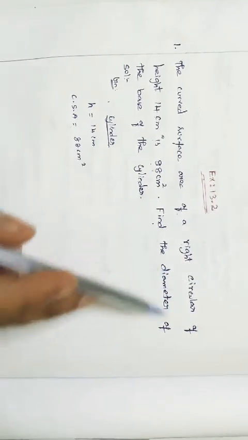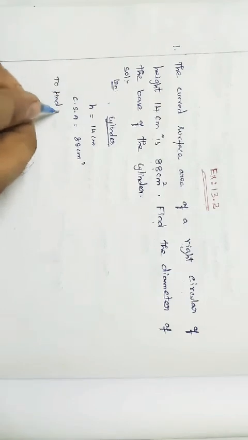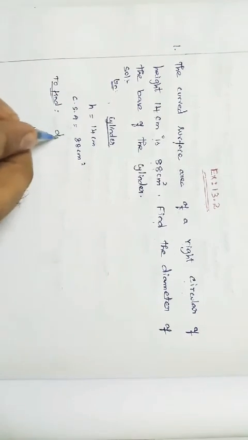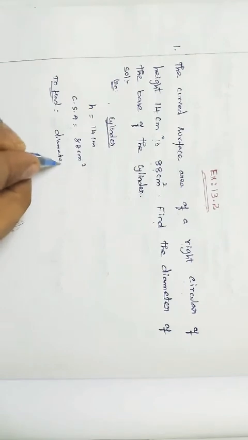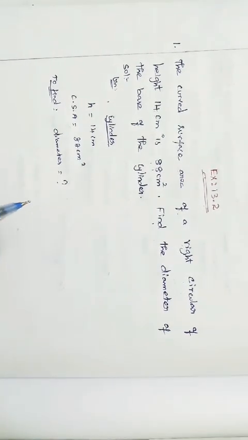Find the diameter of the base of the cylinder. So what do we want to find? To find the diameter only. How are we going to find it? See, very simple. The given itself.